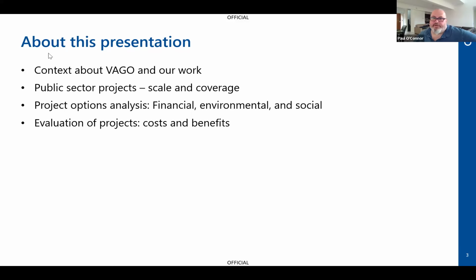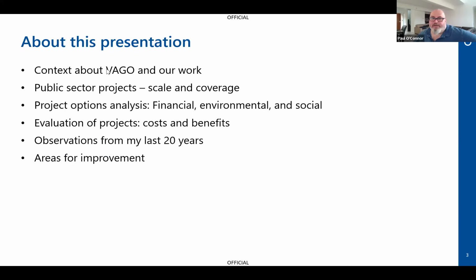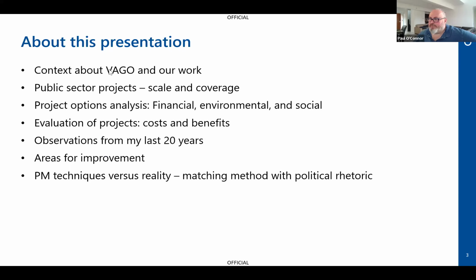A little more around evaluation of specific projects and costs and benefits. Some observations from me over my last 20 years looking at public sector project delivery. Some potential areas for improvement, and some thoughts I have about project management techniques versus reality, and how we as project practitioners can better match our methods to the political rhetoric we hear every day around major projects.